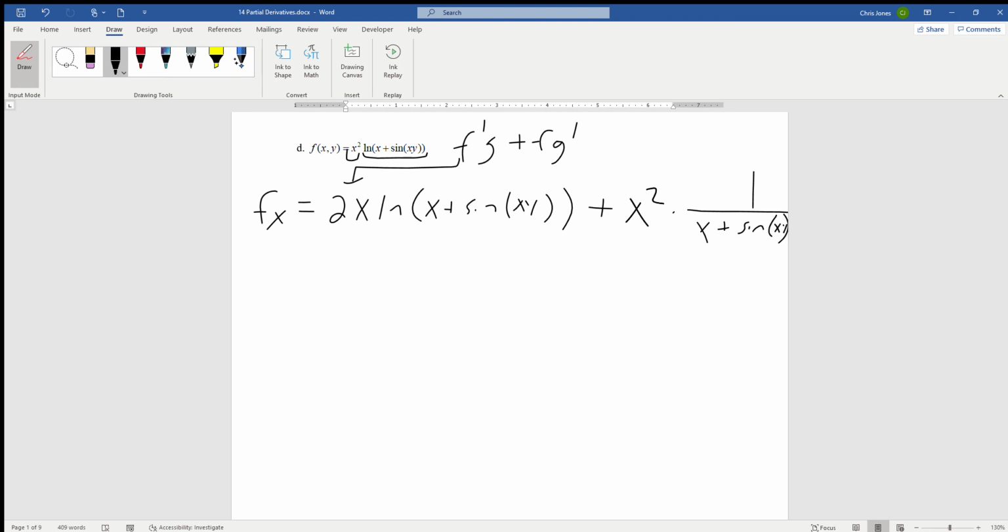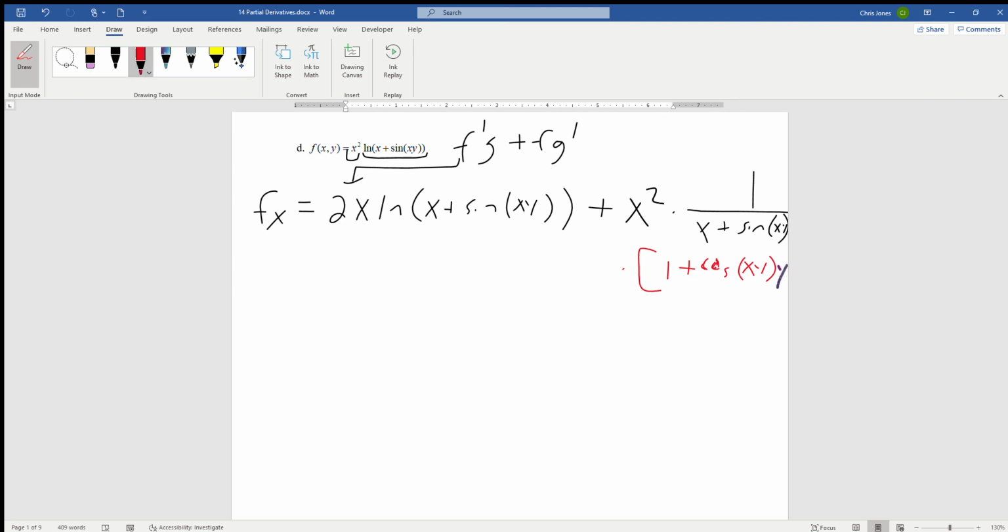But then we also have to multiply that by the derivative of that interior function. So we're going to say times derivative of x is 1. Derivative of sine xy is going to be cos xy. But then there's also a chain rule inside the cosine. All right, so derivative of xy with respect to x, that's going to be a y.